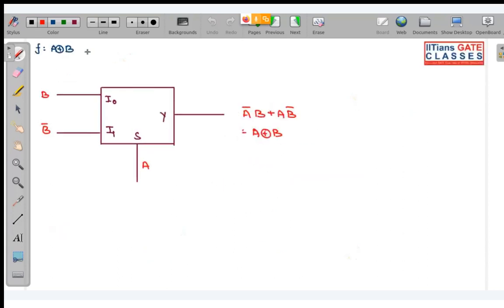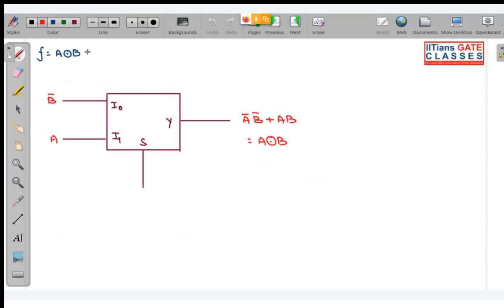So that means I can implement some of the two variable Boolean expressions using 2 cross 1 mux.